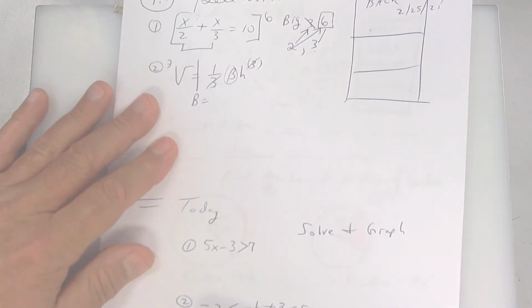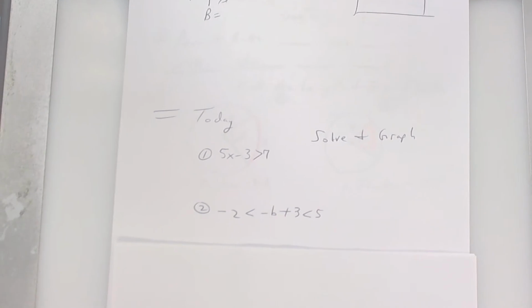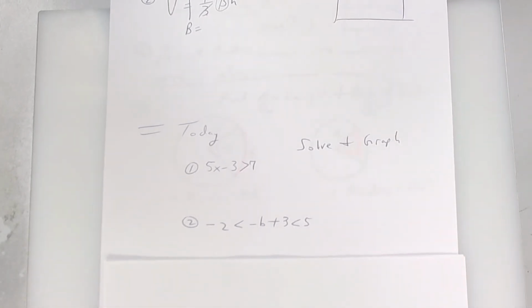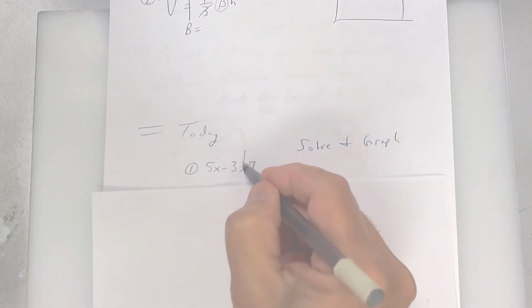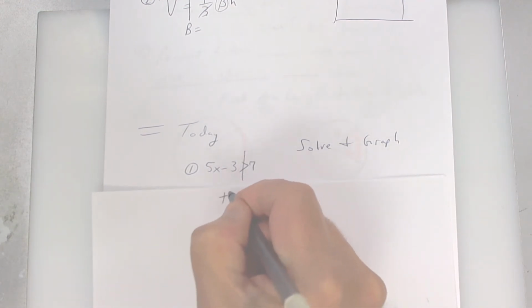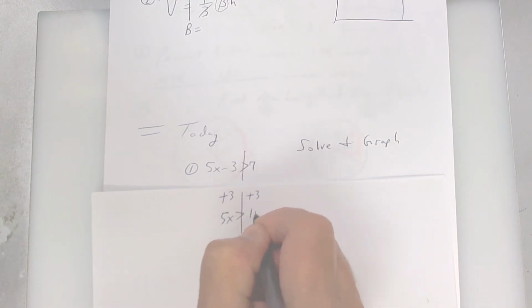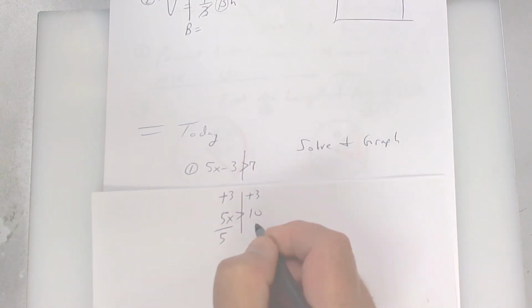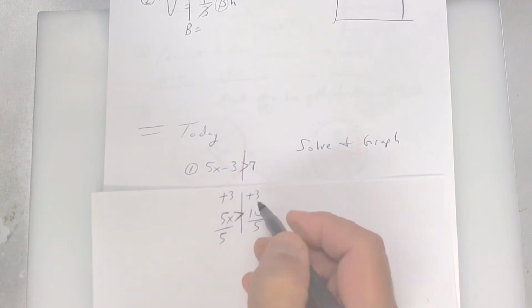All right, on a new sheet of paper, copy this down. All right, let's take a look here. We're going to solve this and graph this. So here, you have inequalities. So draw your line. You're still going to add 3 to both sides. And then you're going to divide by 5. Now keep in mind that if you would divide by a negative, you got to change the inequality.